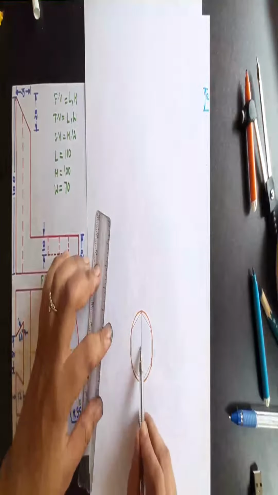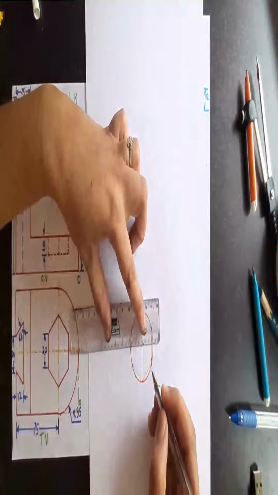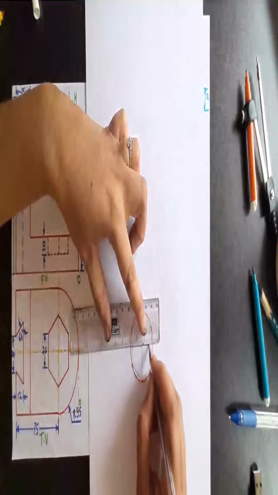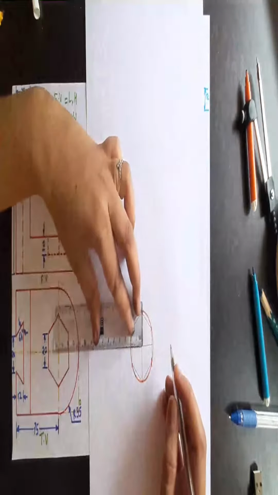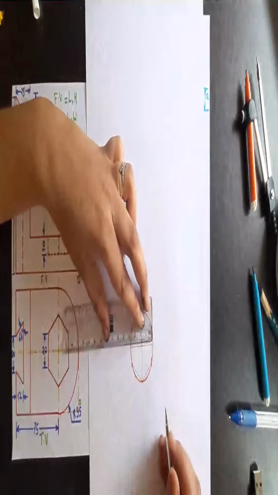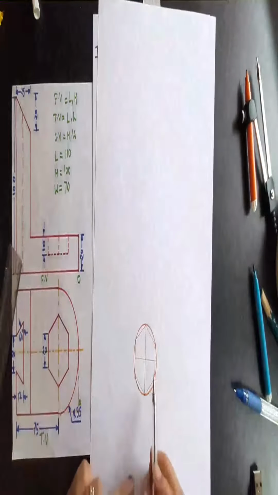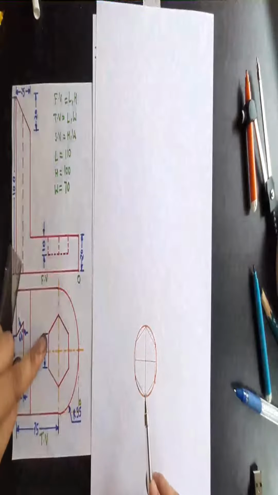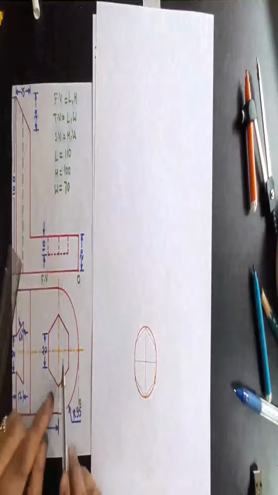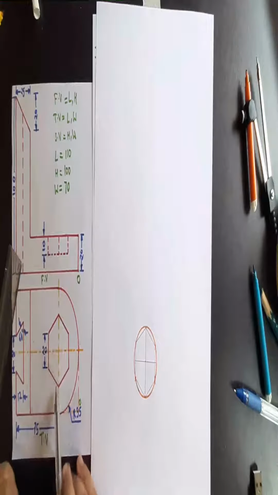Now we don't know how much is this distance. So from here let me draw a horizontal line so that we can measure that distance. If we measure that distance, the distance is 18 mm. So now we have found that when you draw this similar hexagon over here, this distance is 18 mm, this distance is 20 mm from the center point.